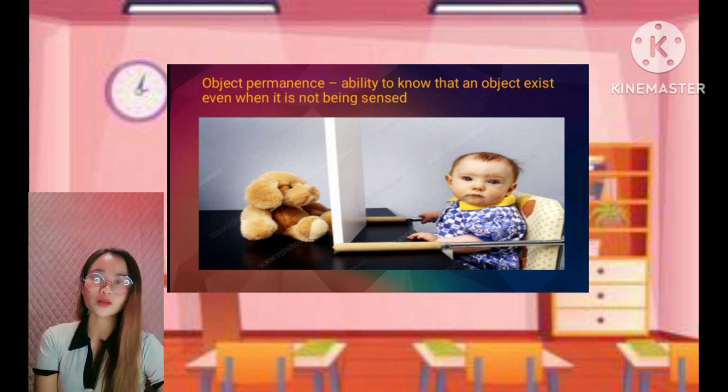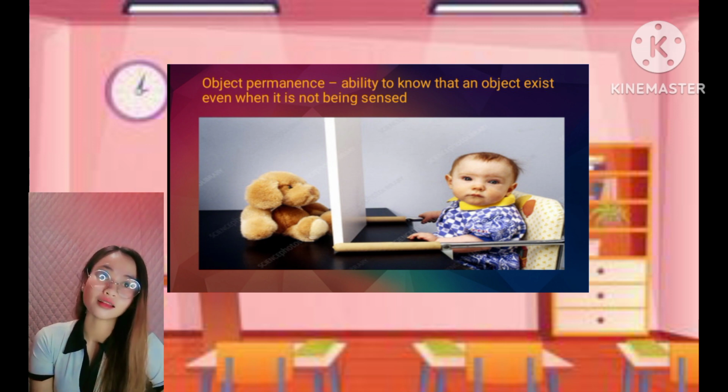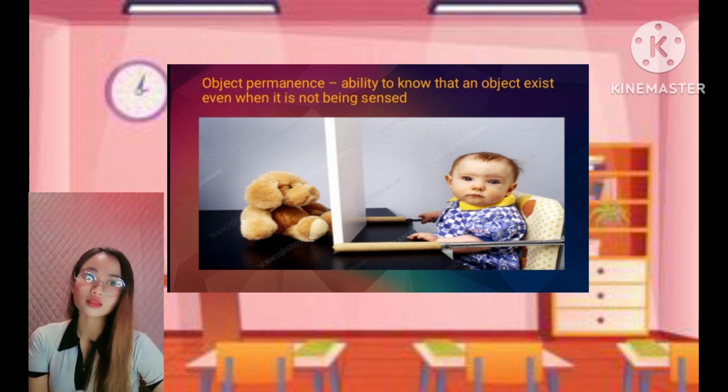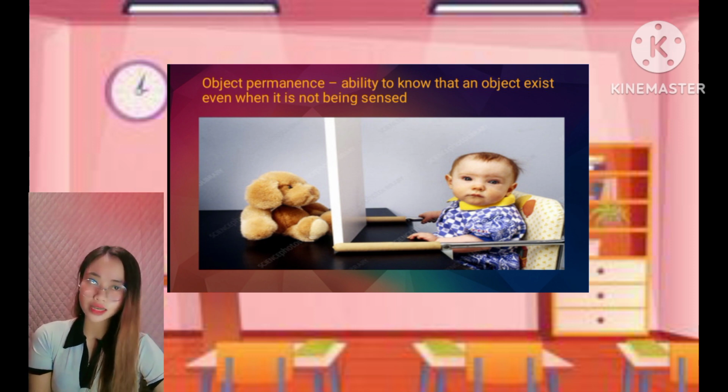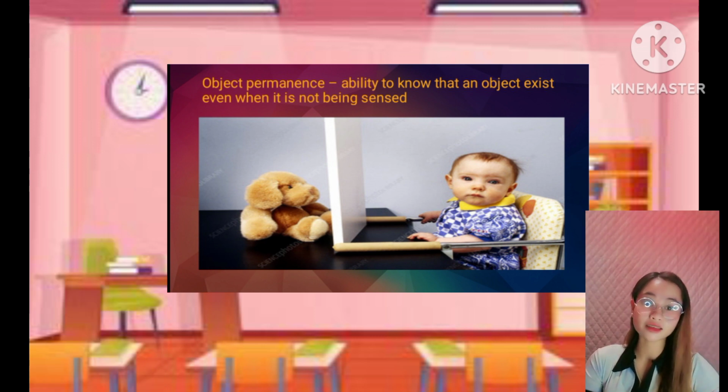Say for example here, as you can see, there is a stuffed toy blocking the middle of the child's view. But once they have object permanence, the child knows that the object continues to exist even when not visible. How will we know that the child has developed object permanence? If the child keeps looking for the stuffed toy, because he knows it is still there and that it is hidden.